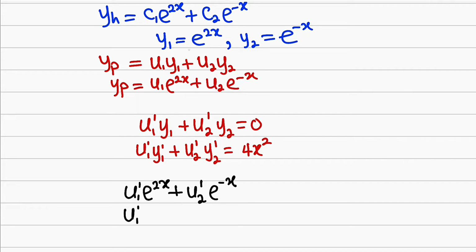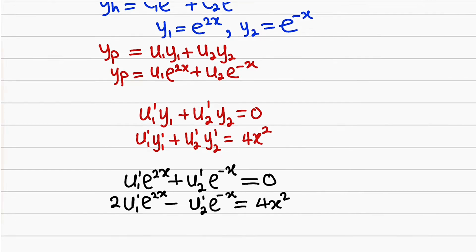If you differentiate e^(2x), you obtain 2e^(2x). Then we have u2'. If you differentiate e^(-x), you get negative e^(-x). And this is equal to 4x^2.